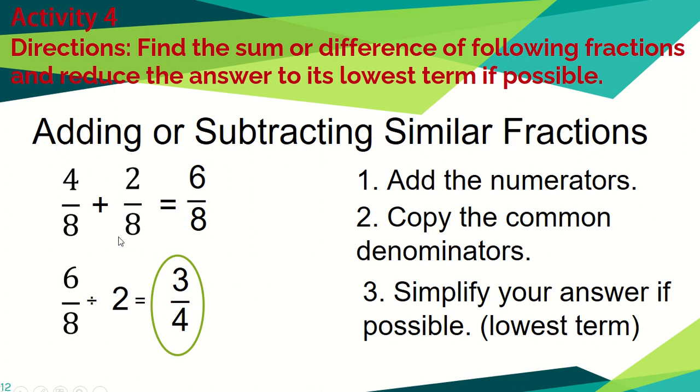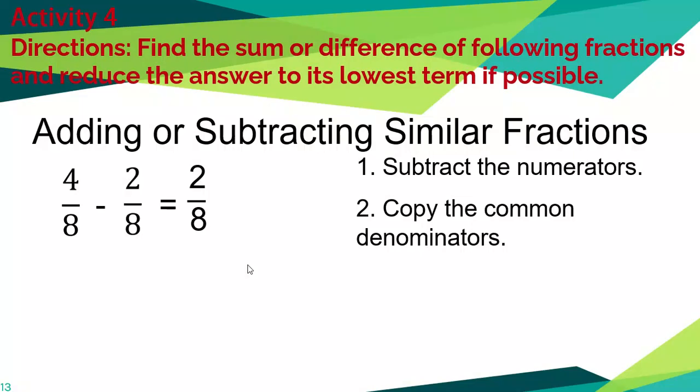So, the answer on this problem, 4 8s plus 2 8s equals 6 8s. The final answer is 3/4. Kapag ang sagot nyo dito, 6 8s, mali kayo. Kailangan kasi, mas simplify pa siya. So, ma-lowest term.